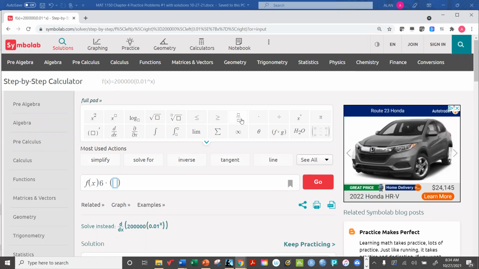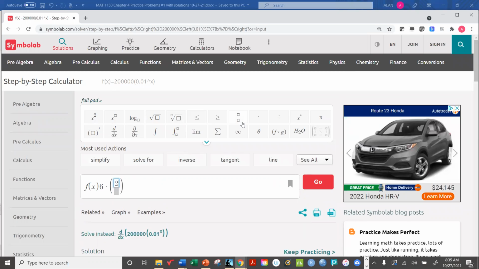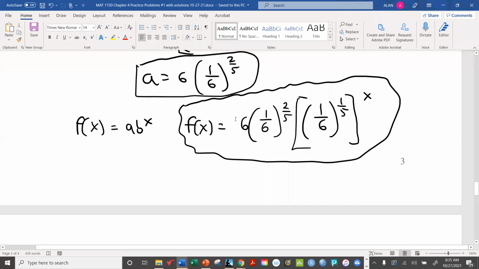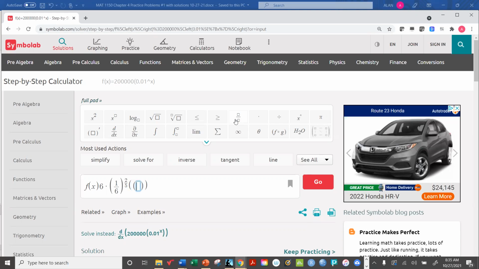1/6 to the 2/5 power. And then we'll have 1/6 to the 1/5 power.